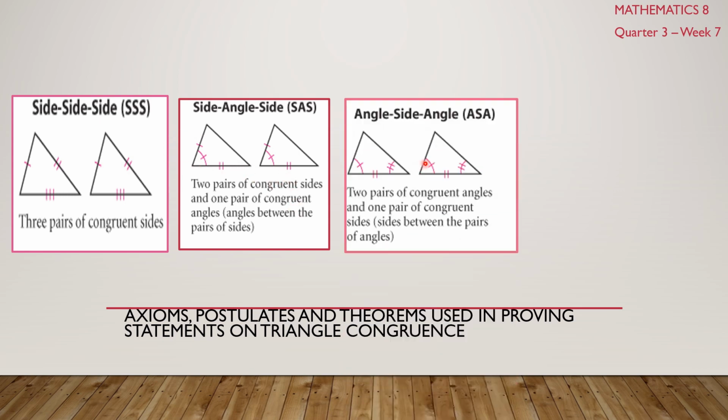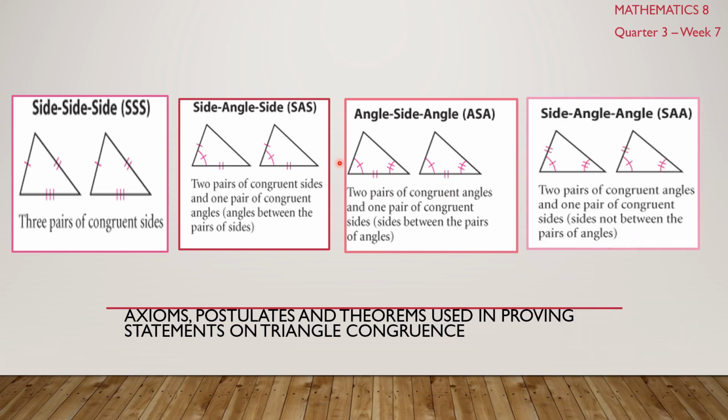Next, we have the angle, side, angle, or ASA postulate. This postulate states that if two angles and the included side of one triangle are congruent to the corresponding two angles and the included side of another triangle, then the two triangles are congruent.